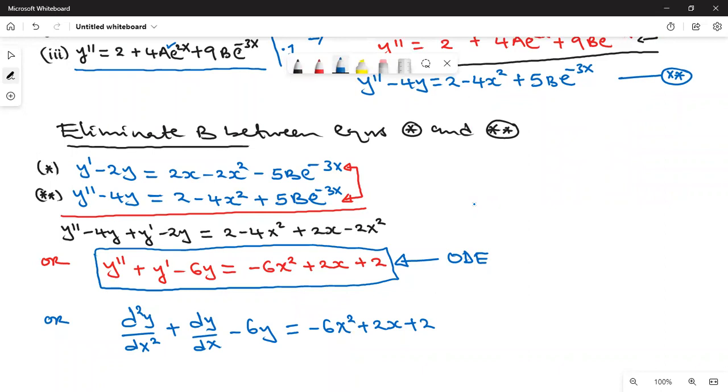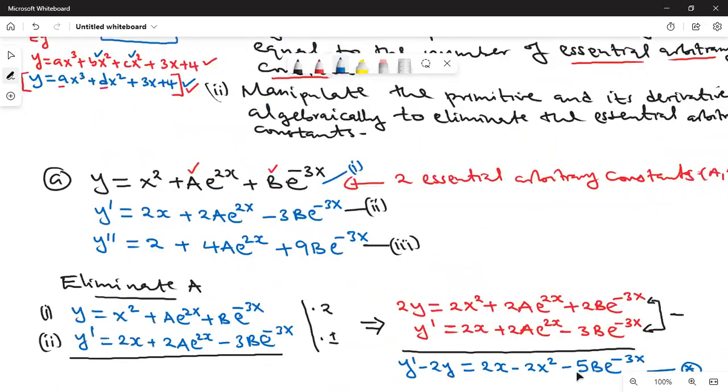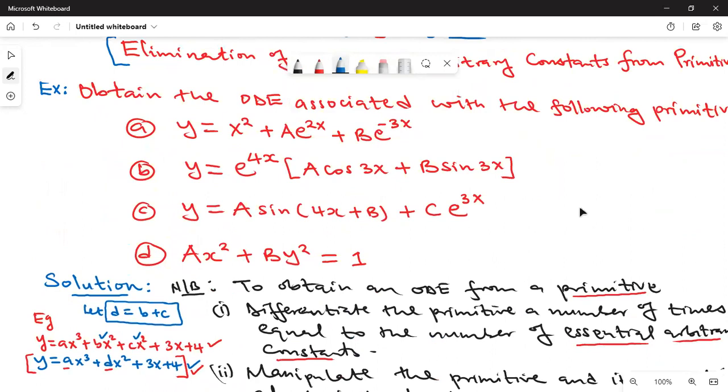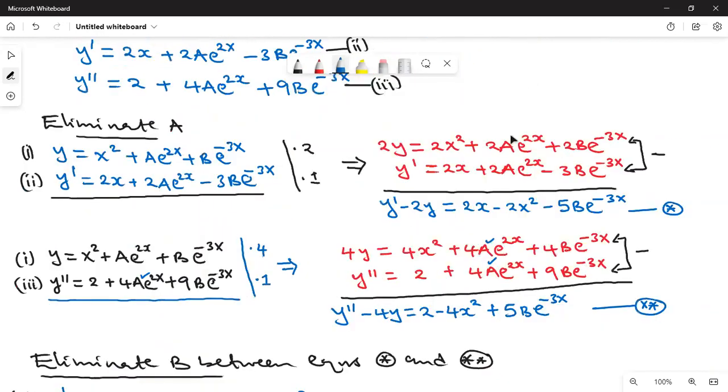Let us see how to get it. You can go back and check what was the primitive in part B. It was y is equals to exponential 4x times a cosine of 3x plus b sine of 3x. So I'll write it here again.